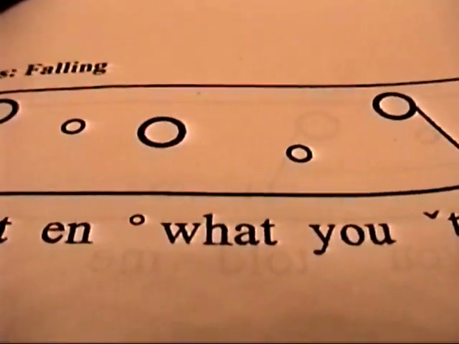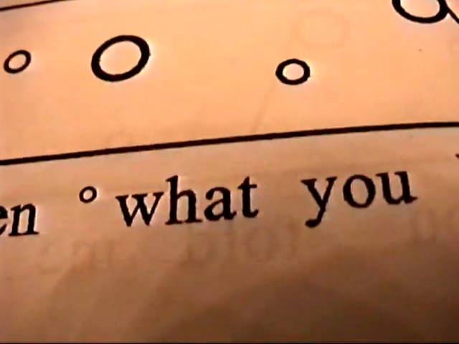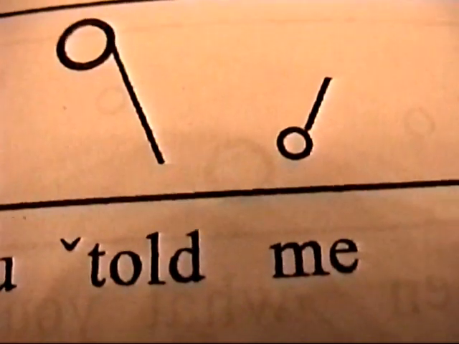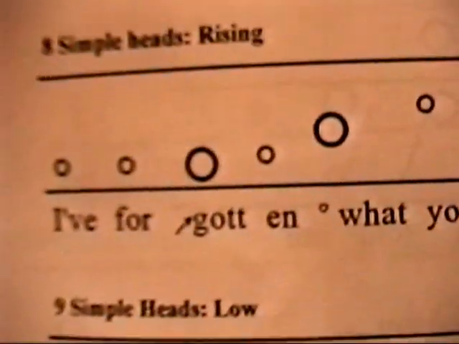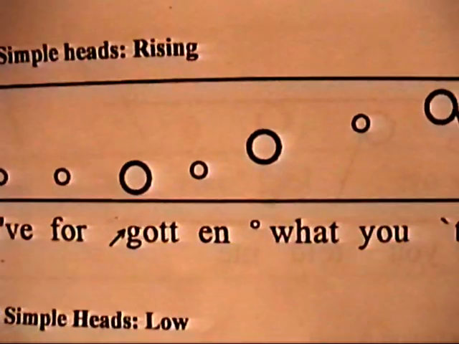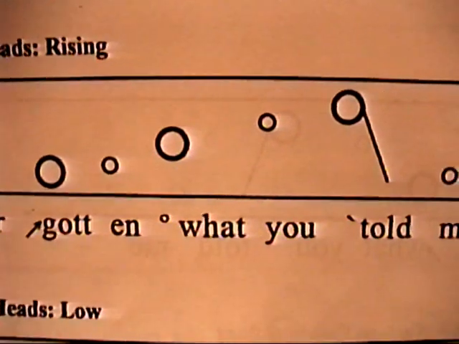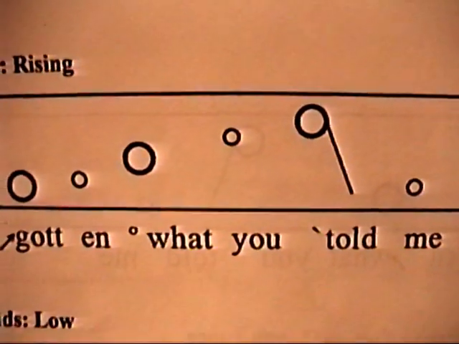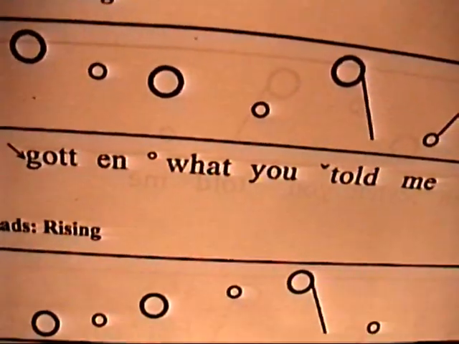So I've forgotten what you told me, and I've chosen to do it with a full-rise nuclear tone. A very common combination. We can do the opposite, as we've got at number 8. This time, the onset syllable, got, is low, and every syllable after that is a little bit higher than the one before, so we're going up. So instead of gotten what you, which is a falling head, it is now a rising head. Gotten what you.